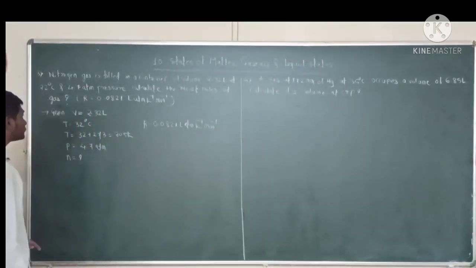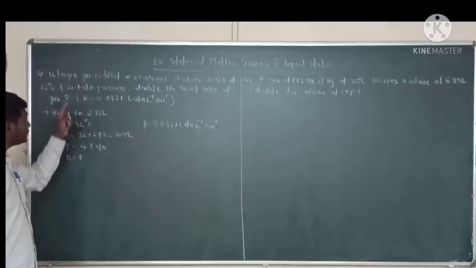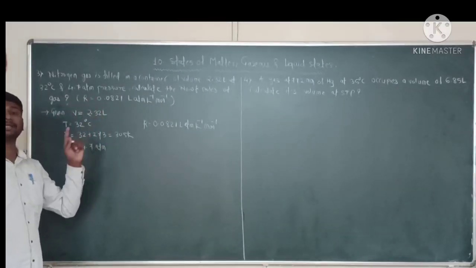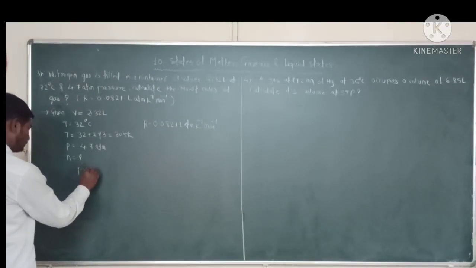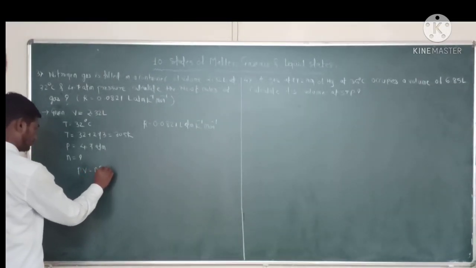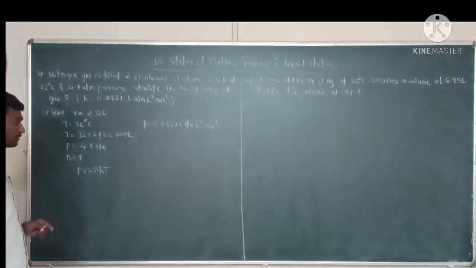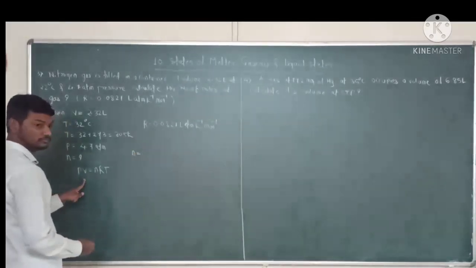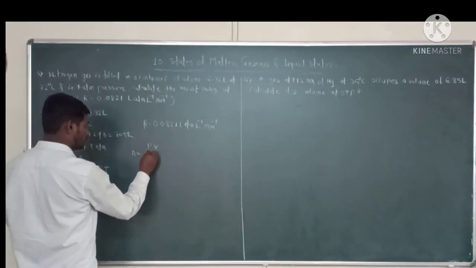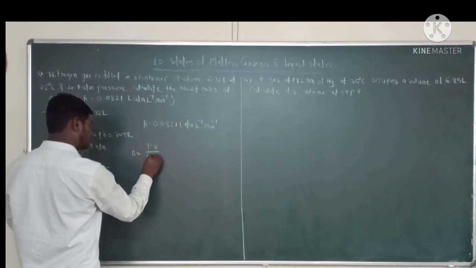Now, this numerical is based on the ideal gas equation, that is PV is equal to nRT. Rearrange this equation, that is n is equal to PV upon RT.